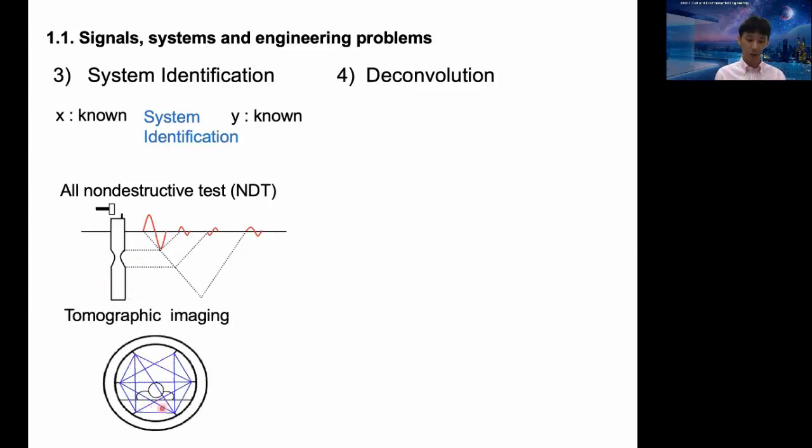So you have a body, and they have all kinds of sources around it, and they receive the signal that's propagating and transmitting through your body, and from that they can identify what's in your body.